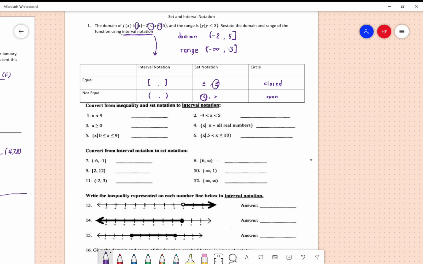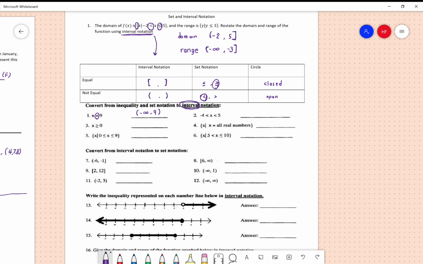Now we've got some problems where we're converting from set notation to interval notation. So we're converting these inequalities. So we want to use interval notation. So we've got x is less than 9. So every x that is less than, not included because it is not underlined, 9.